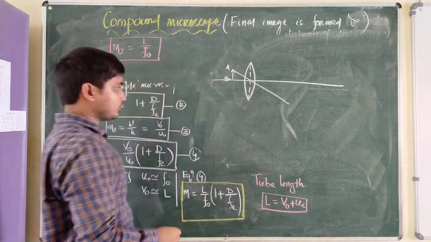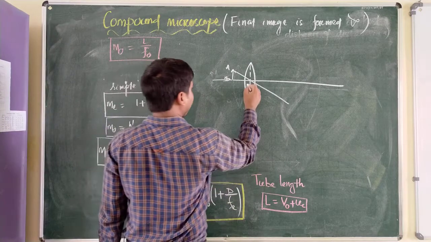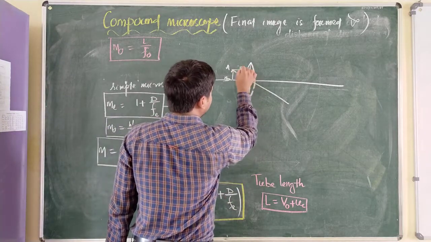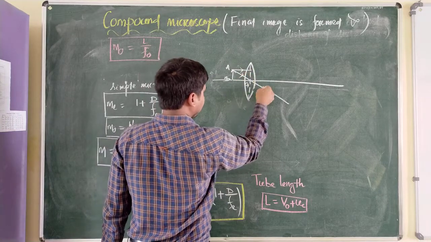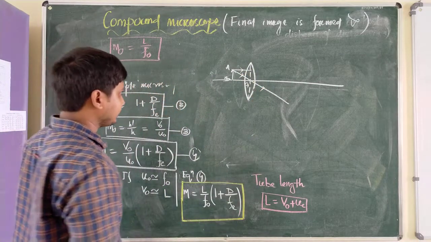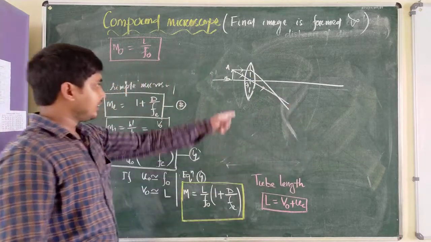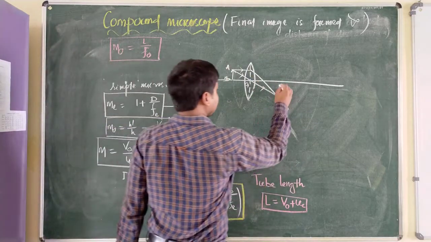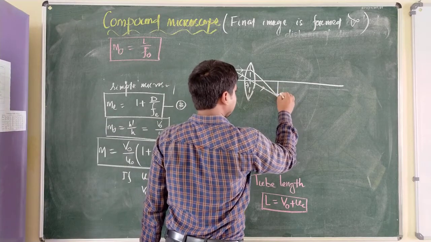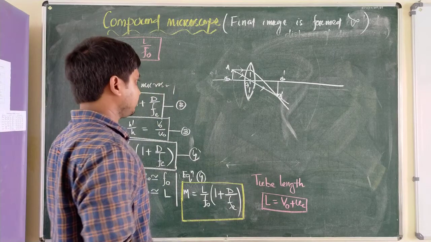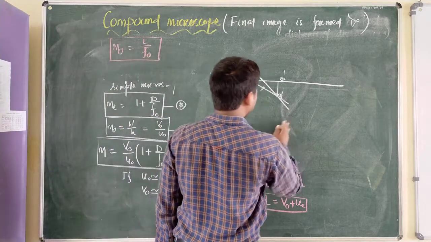This light will pass through the optical center and go undeviated. And this light will come parallel and fall on the lens, and after refraction it will pass through the focus. You can see that they are intersecting at this point. So here the image A prime B prime is formed. It is real and inverted.